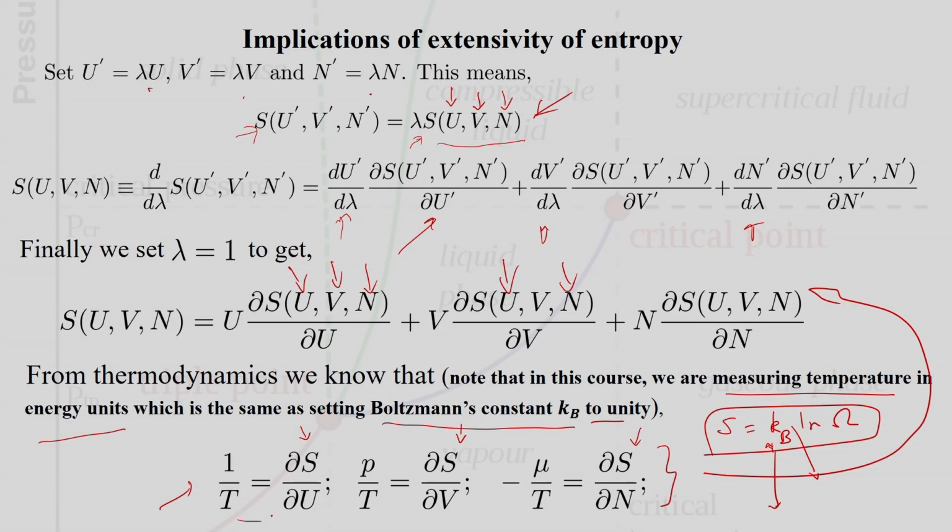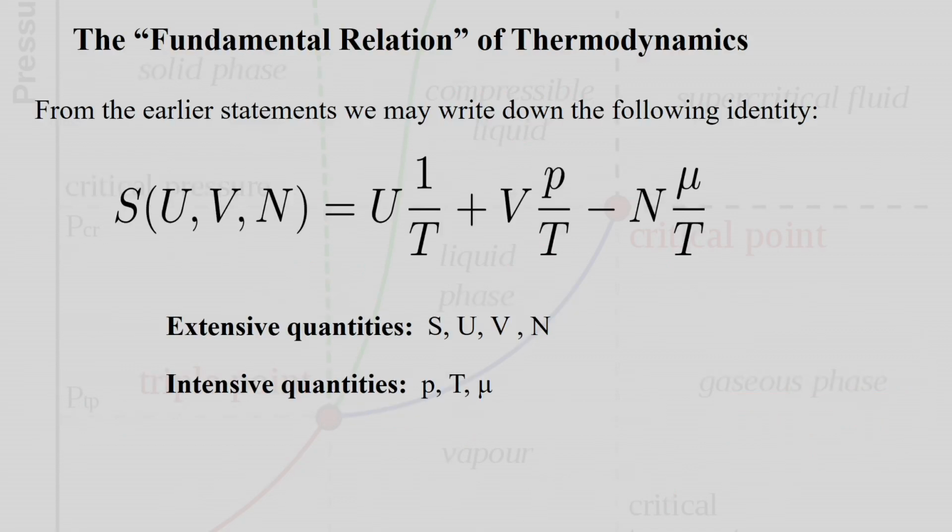Alright, so now I am going to insert all these identities into this relation, which is obtained from the chain rule of multivariable calculus, and I get this beautiful result that says that the entropy of a thermodynamic system, specifically a gas in this example. It does not have to be an ideal gas, by the way. I have made no commitments about whether the gas is ideal or van der Waals or any other type of gas, it is just a gas.